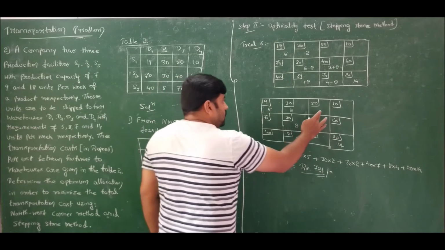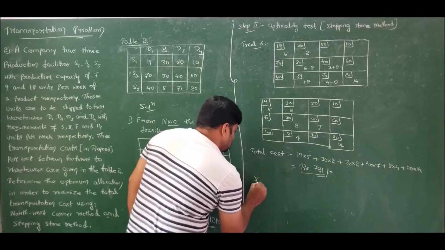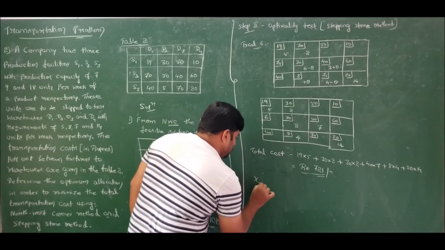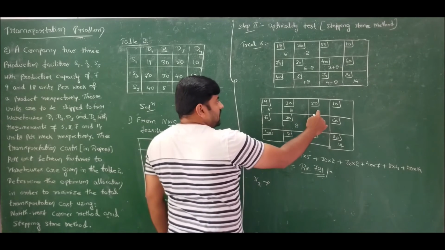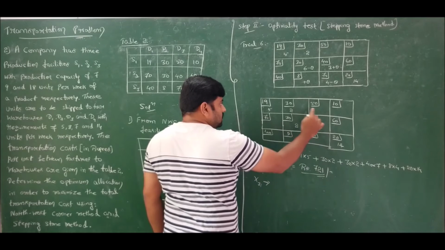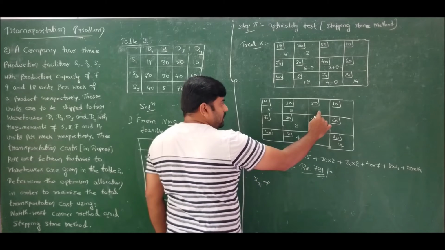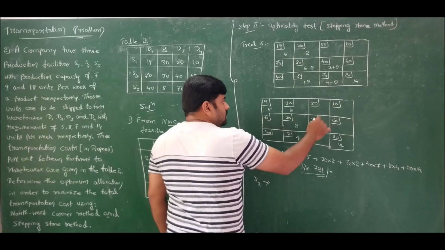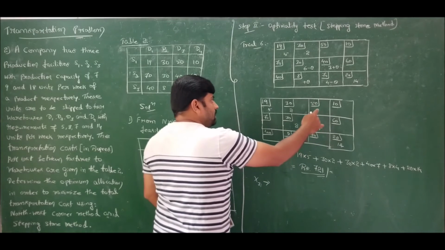If I go for allocation to x31, I will create a loop like this. I will give plus 1, I will come down minus, plus, minus, again the loop. So therefore the net increase or decrease will become how much?